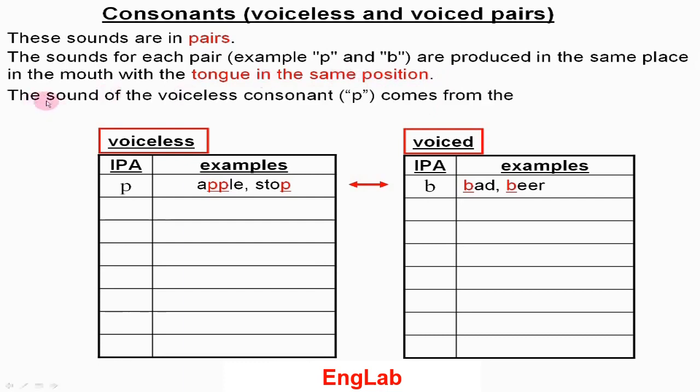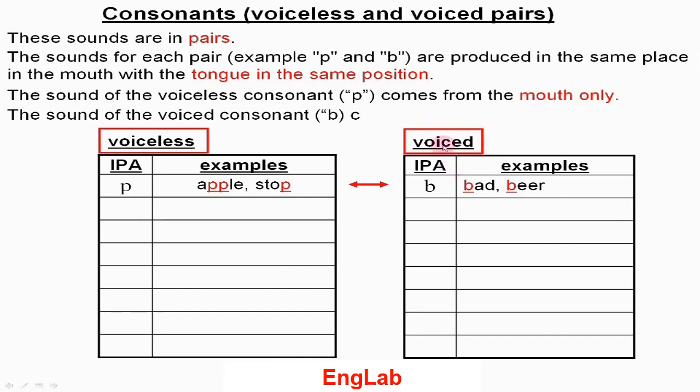The only difference is that the sound of the voiceless consonant, for example P, comes only from the mouth, okay? And the sound of the voiced consonant, for example B, comes from the voice, meaning throat, okay, from the vocal cords.